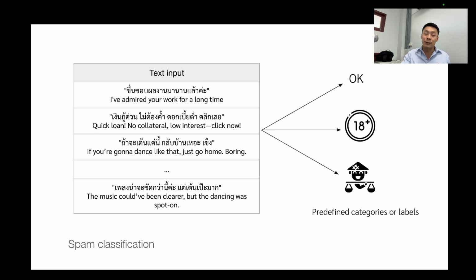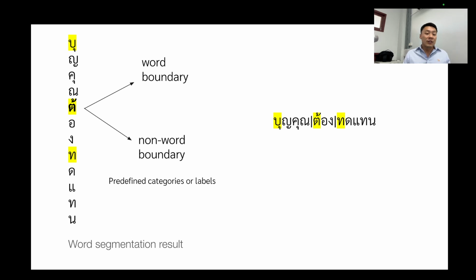It's in the background. Word segmentation. So it seemed hard, it seemed difficult, but at the end of the day, word segmentation is a classifier. So we classify each character in the sentence, in the long string of text, whether it's a word boundary or not. So for example, บุญคุณต้องทดแทน, okay? So for each character, we run a classifier on it, whether it's the beginning of the word or not. It's actually quite simple.